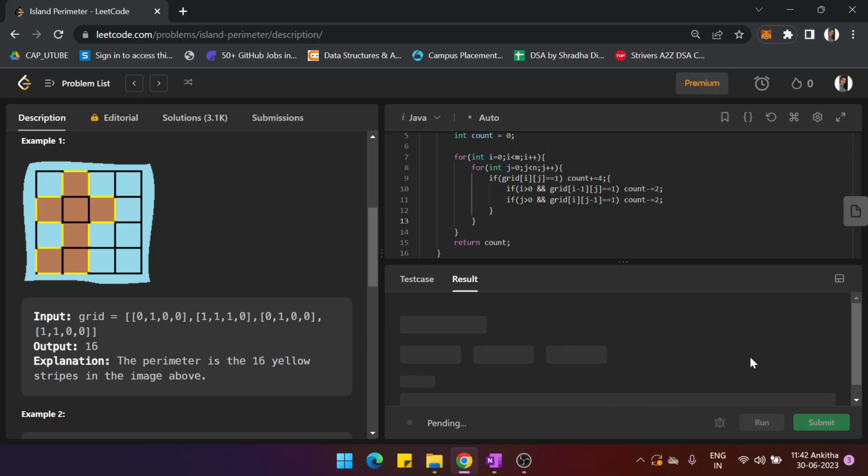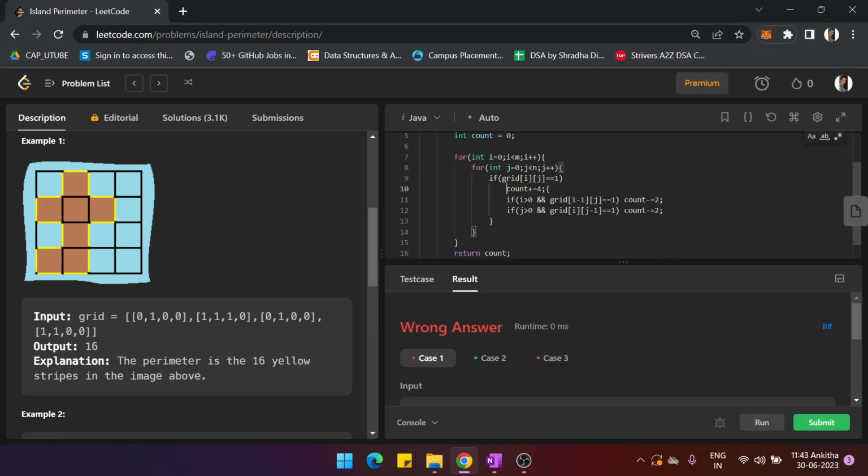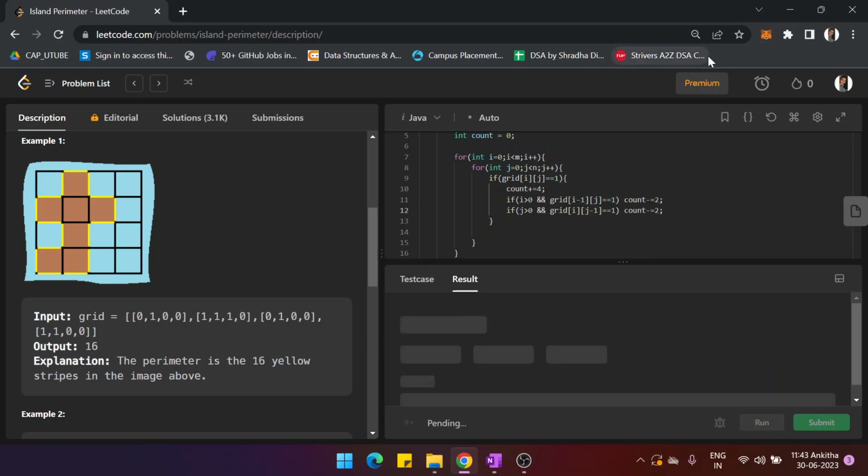Otherwise, you won't be checking for the neighboring lands. Okay, this column I haven't given correctly. Now take this and shift it over here.